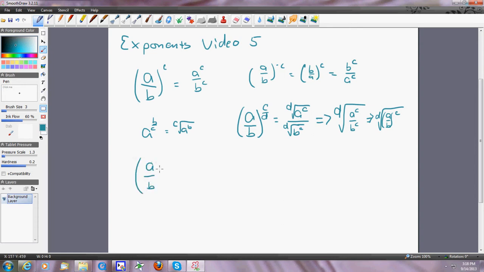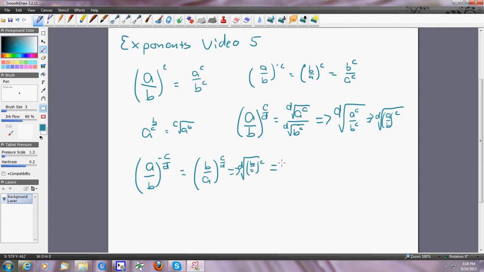So there is one last one that we can look at, and you may have guessed it, a over b to the negative c over d, and I will actually give you an example of this. I'm going to flop them, I'm going to take the reciprocal first, and then I'm going to say the d root of b over a both to the power of c.